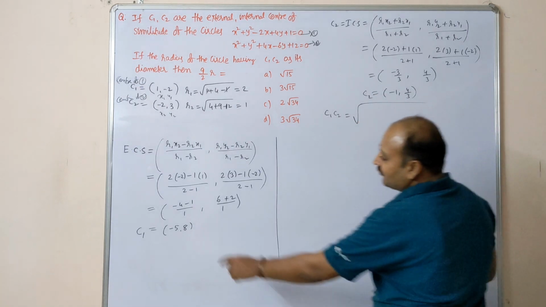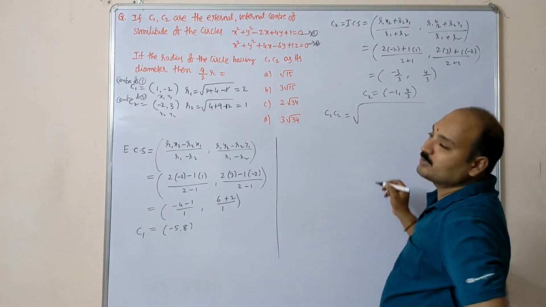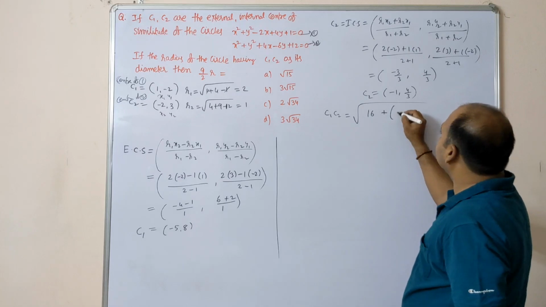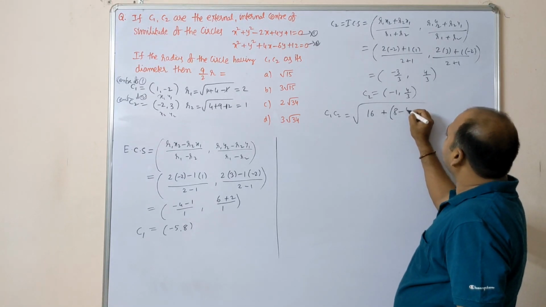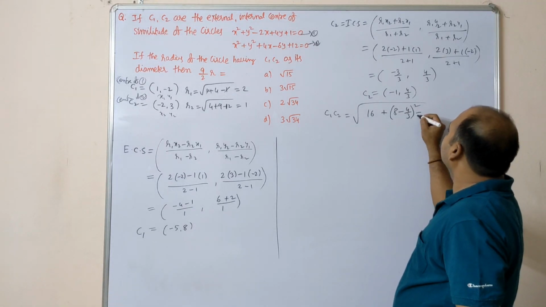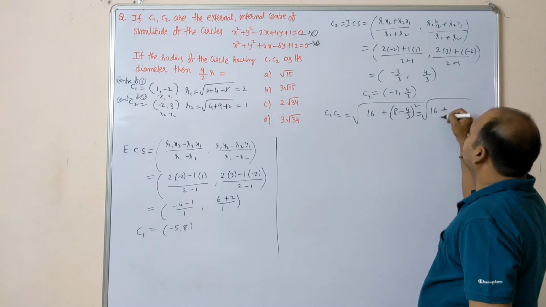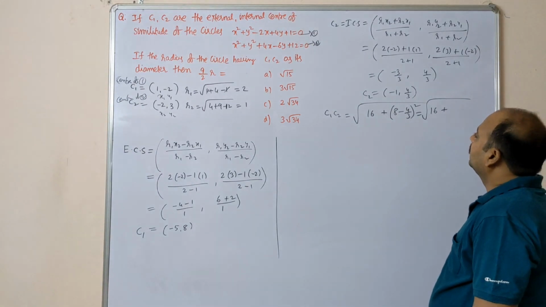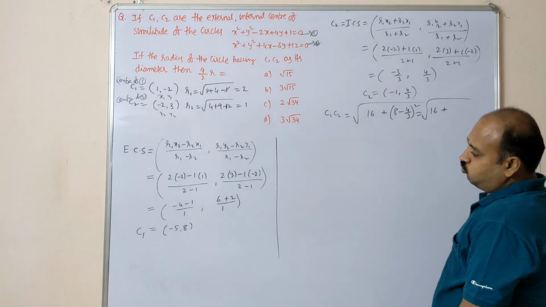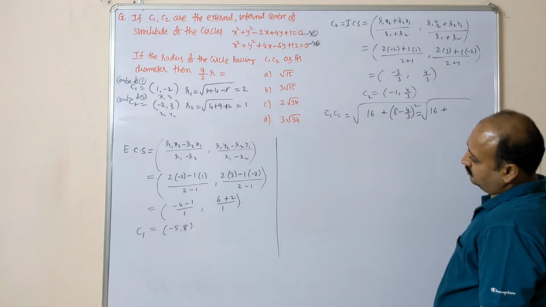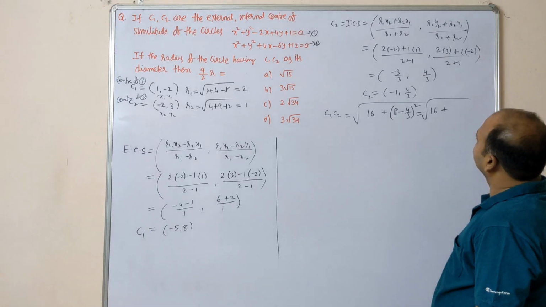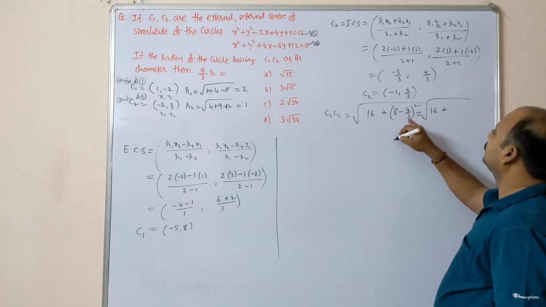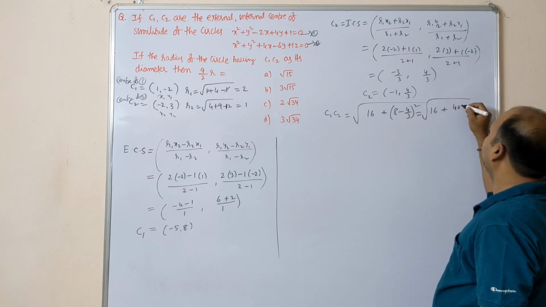So now the distance between C1 and C2, dear students. Minus 5 minus of minus 1, so 16, plus 8 minus 4 by 3 whole square. So root over 16, 8 threes are 24, 24 minus 4 is 20, 20 squared is 400 divided by 9.